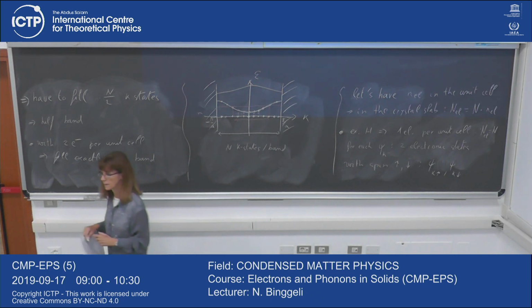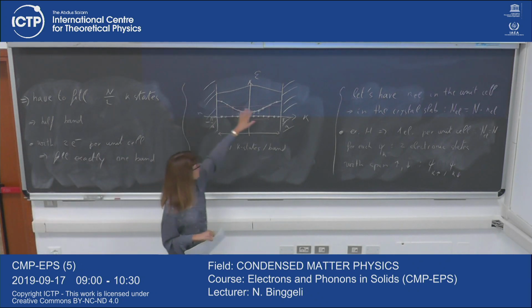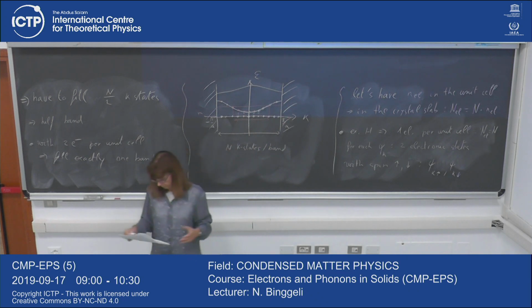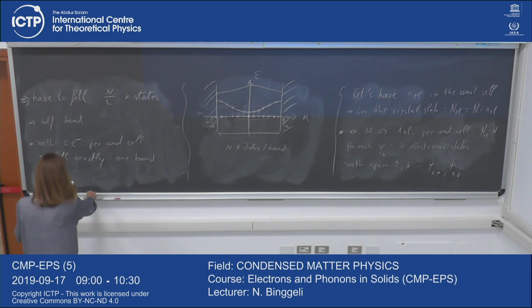So I obtain the same thing in three dimensions, and with two electrons per unit cell, I will fill exactly one band. Okay? Now this, so I will write that.